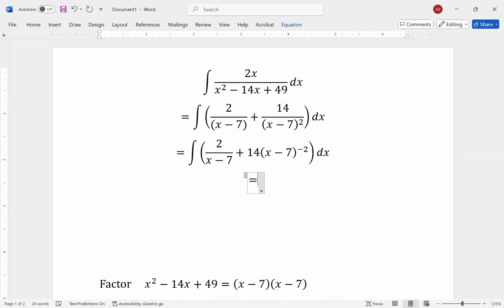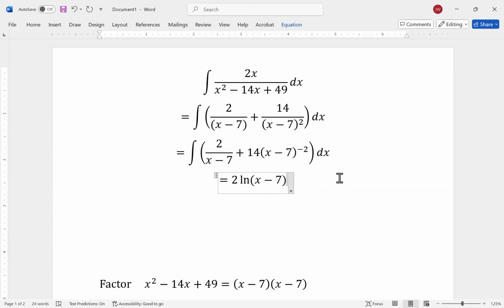So now we integrate 2 times natural log of x minus 7. I put it in parentheses, but a lot of people put those in absolute value. In fact, it's more proper to put those in absolute value, but I know I have to plug in positive numbers into natural log.